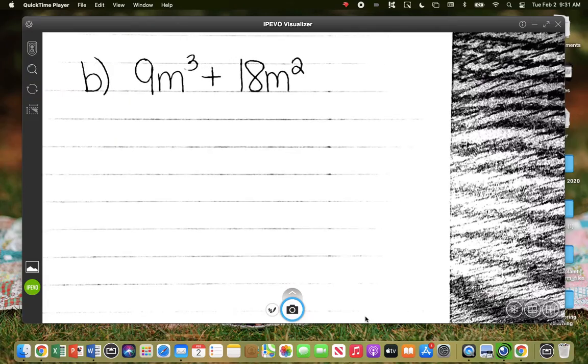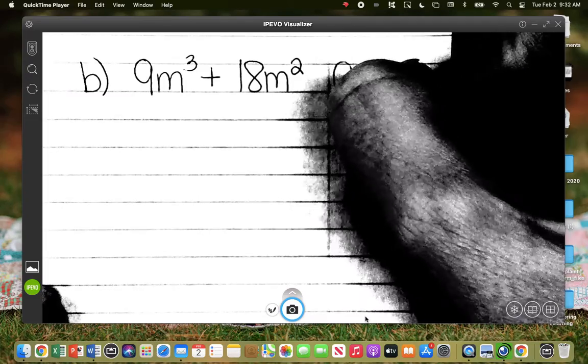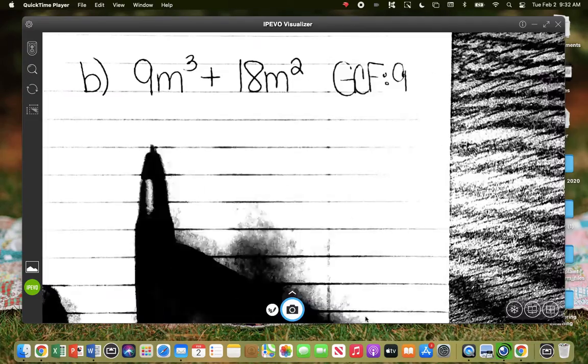All right, on this next example, there are two terms here. Is there a common number that we can divide these by? 9. Do you guys agree we can divide both of those numbers by 9?